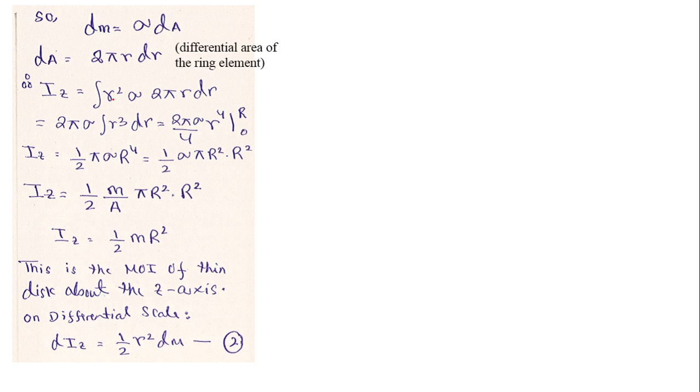So we have integral r square sigma. In place of dA I can write 2 pi r dr.